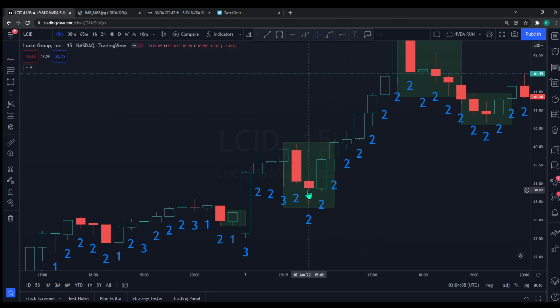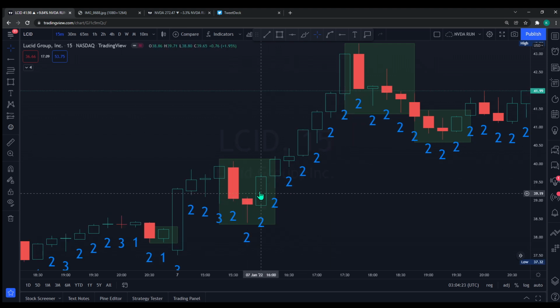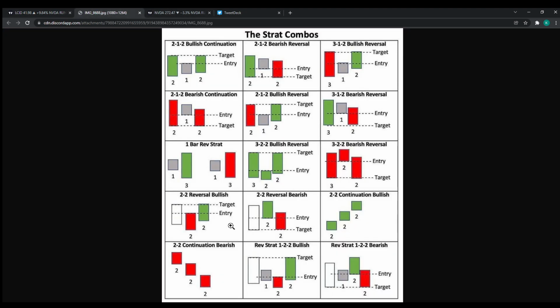This shows bullish momentum. So typically on a hammer candle close, you see continuation over through the next few candles, which is what we see right here. This is also a 2-2 bullish reversal, right?